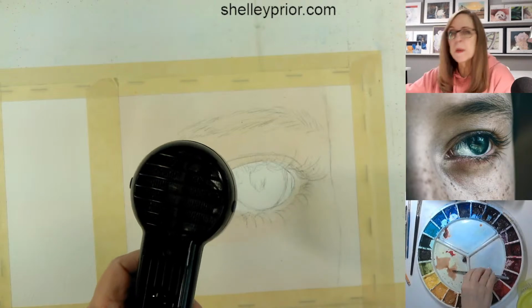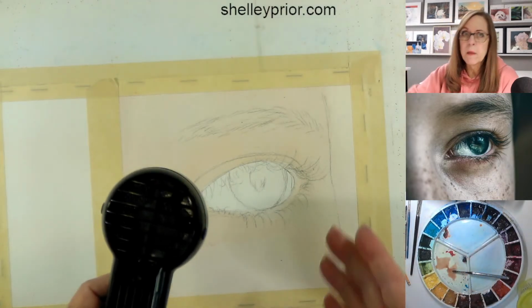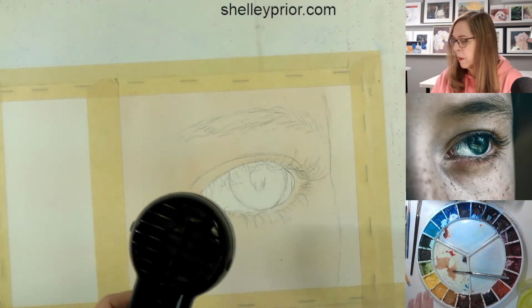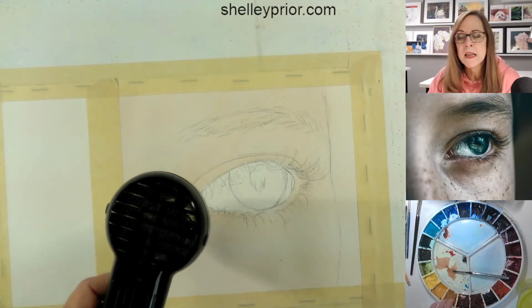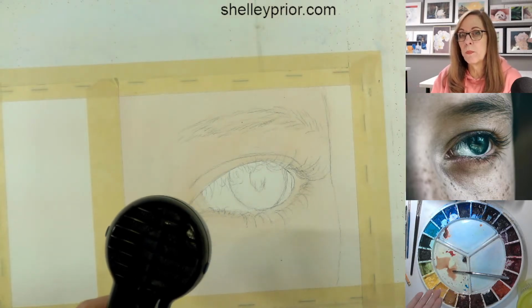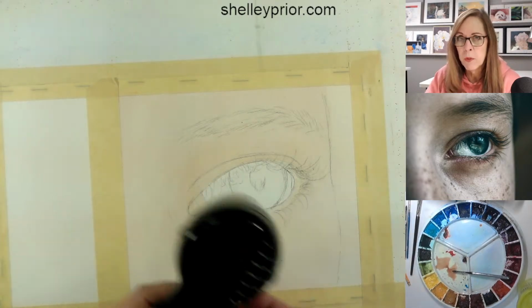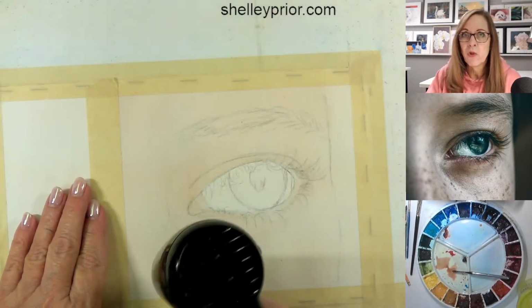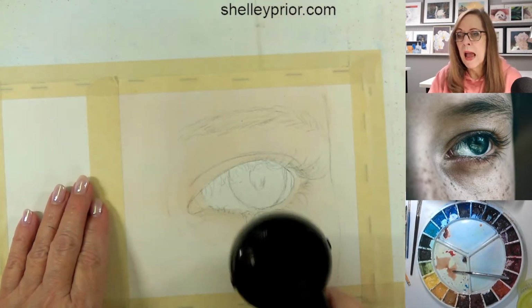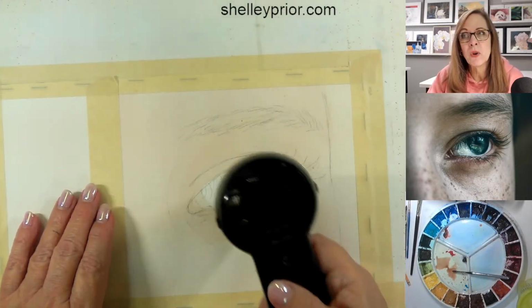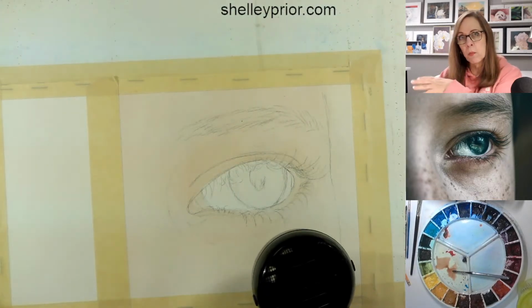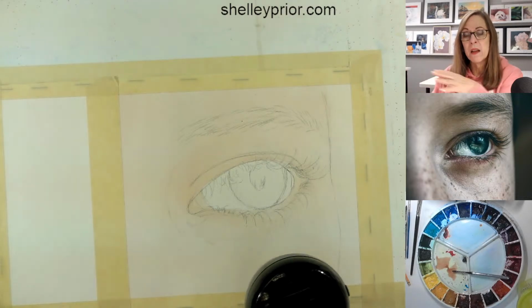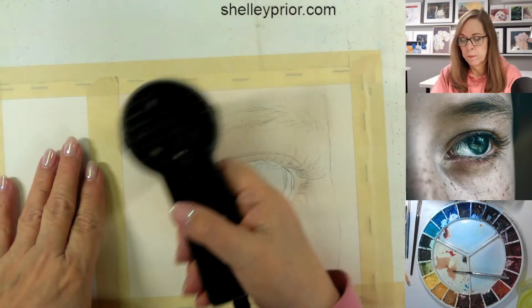So always be aware of the dampness of your paper when you go in, especially if you're mixing a new color like this. You go in and your mix is wetter than the paper, you're inviting trouble. So if you want to have control, make sure that you are keeping your brush and your paint drier than the paper.